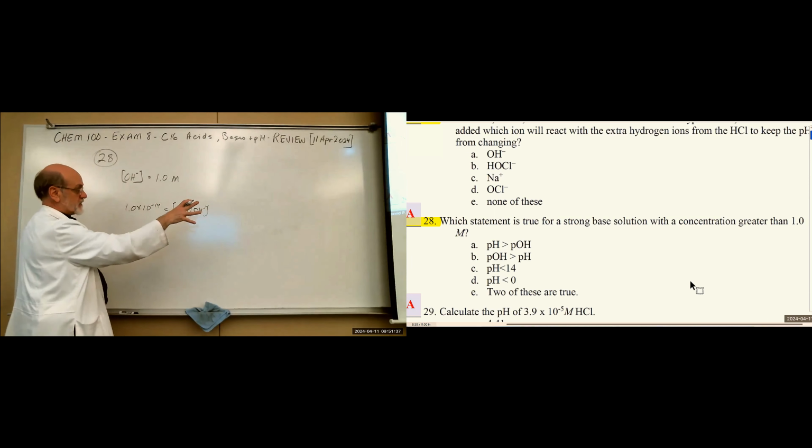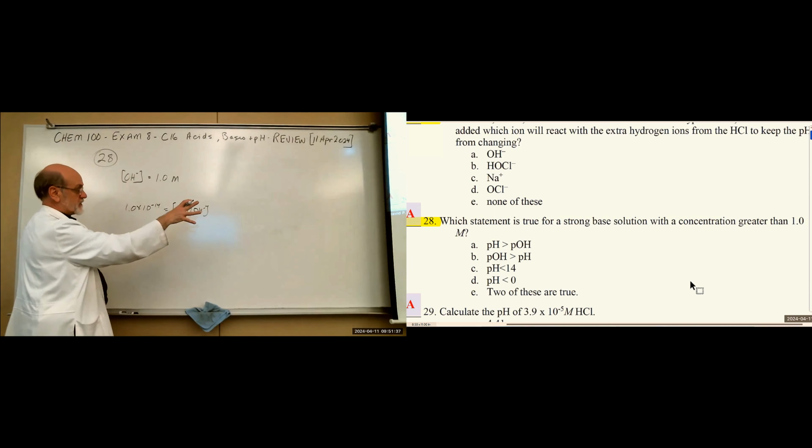What are our choices? Well, the conjugate bases are over here. And E is all. That doesn't make any sense, but I put it anyway. Right, so there's a base. There's a base. OCl minus and CN minus.